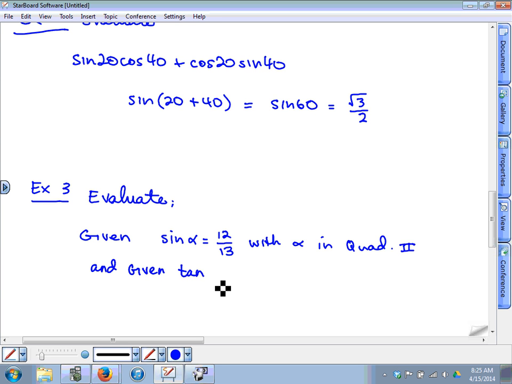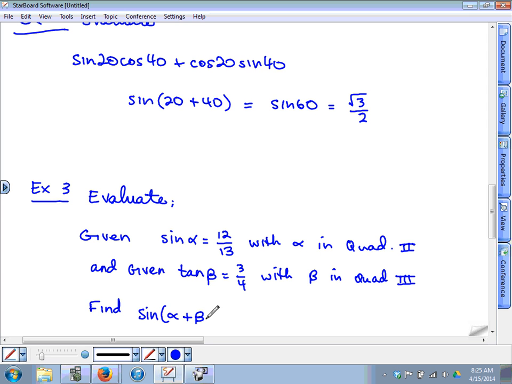And given tangent of beta is equal to 3/4 with beta in quadrant 3. So this is your given information. Here's what I want you to find or evaluate. Find sine of alpha plus beta.